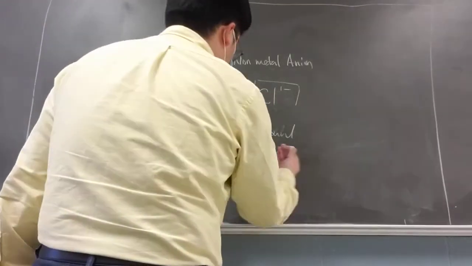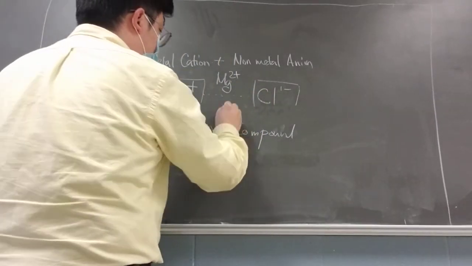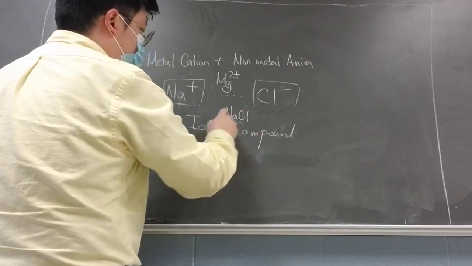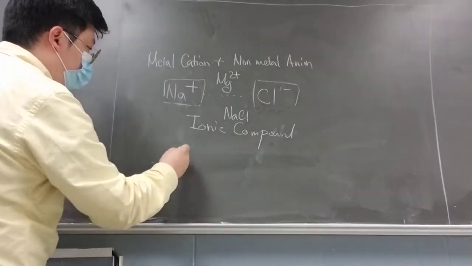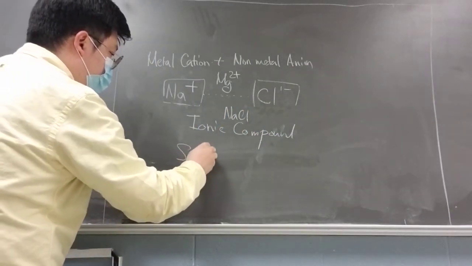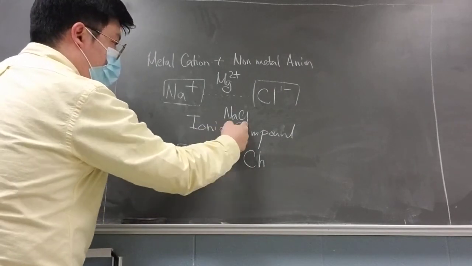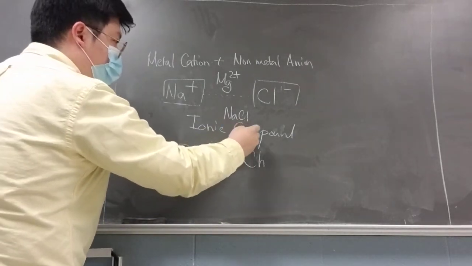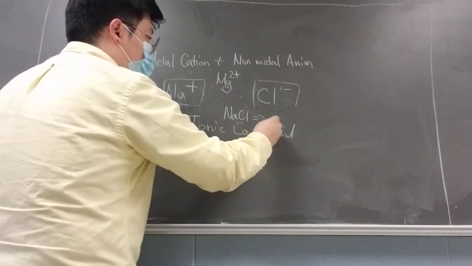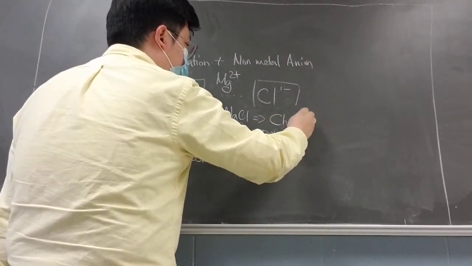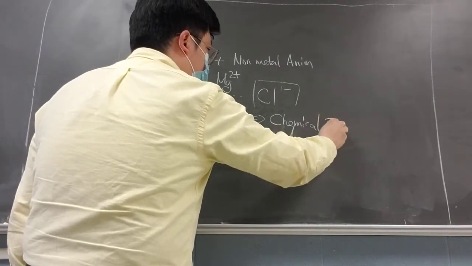So let's try to do this. Whenever you have a NaCl ionic compound, what I'm gonna do is write sodium and chlorine, just the way it says in the chemical formula. This is what we call the chemical formula.